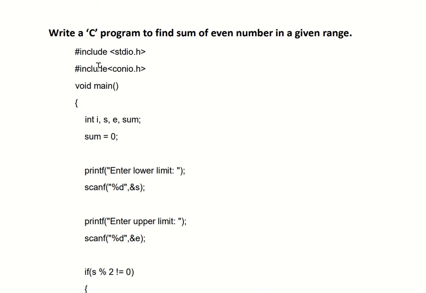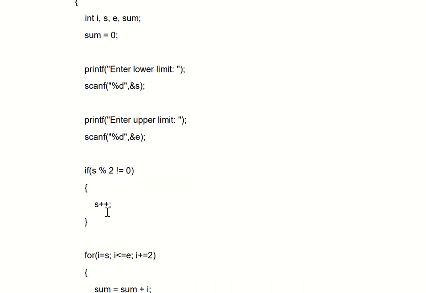So if we enter starting limit s equal to 1, what are we doing? If 1 modulo 2 is not equal to 0, and obviously it is not equal to 0, we increment the value of s, or the starting limit, by 1. So it is 2. Now here s equal to 2.